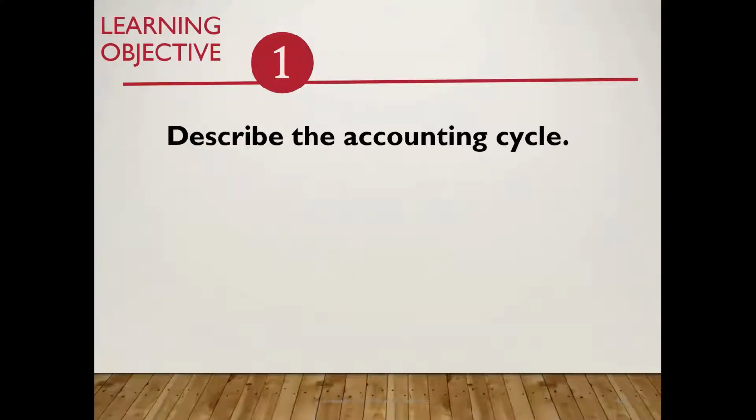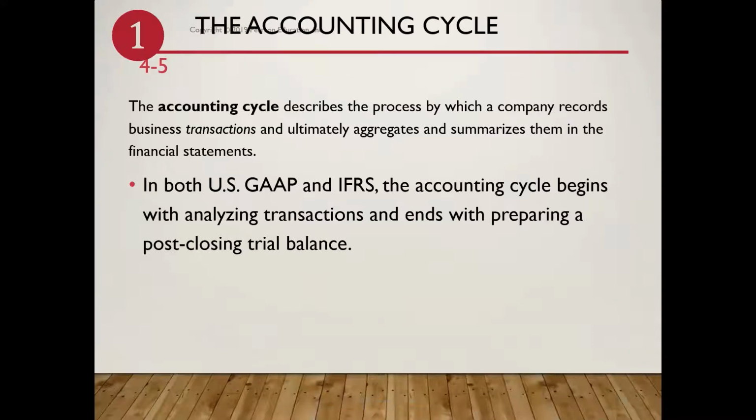So the first objective is describe the accounting cycle. A company's system tracks all the transactions that occur every day and ultimately aggregates and summarizes them in publicly available financial statements.